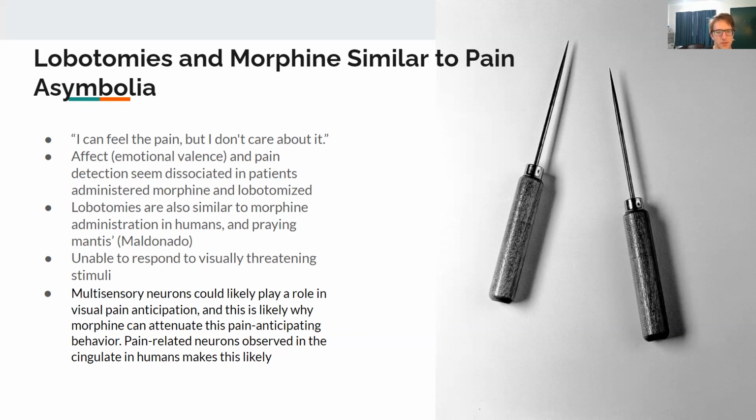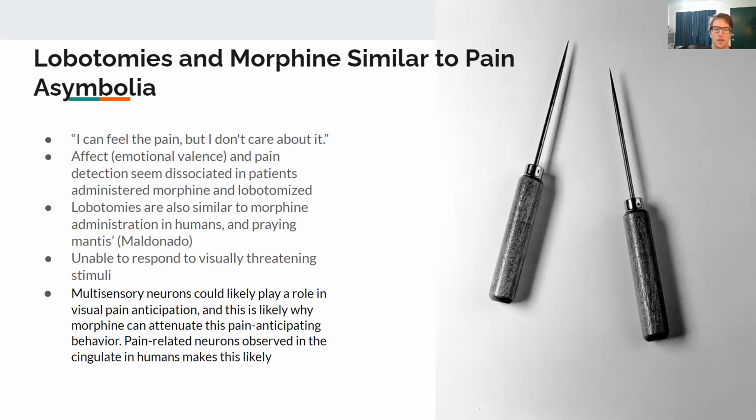A potential mechanism to connect these two things together: the affect of feeling like you're in trouble or being concerned about something, and similarly, the affect associated with pain, seem to be related constructs and likely occur in the same part of the brain, because we see that they both are diminished when particular regions of the brain are damaged, removed, lobotomized, cingulotomized.